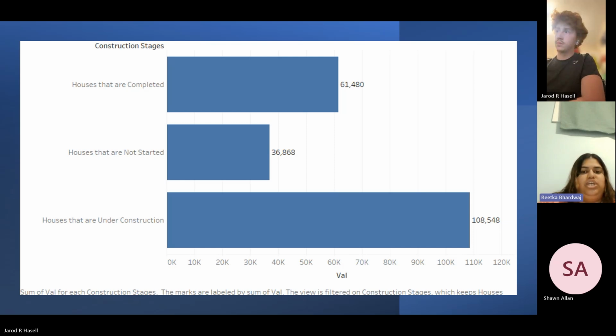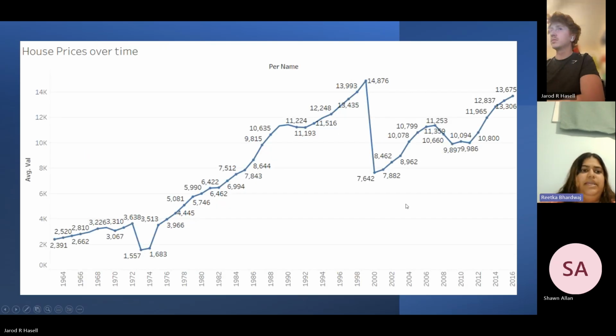In the next visualization, I will be explaining house prices over time. First, I'll discuss the growth period from 1963 to the late 1980s. There is a steady increase in the average house prices, showing a constant upward trend.